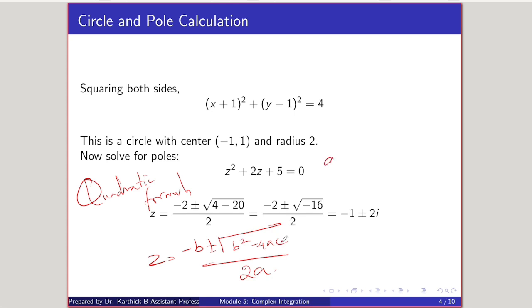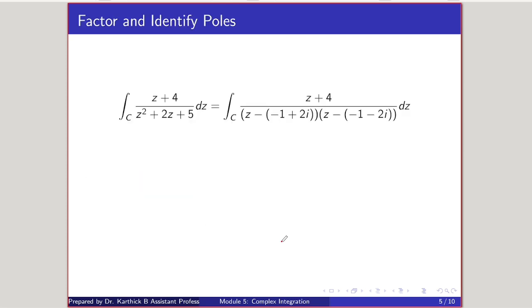Here the value of a will be 1, b will be 2 and c will be 5. While substituting and after the evaluation, b square will be 4 and 4ac becomes 20, so I am getting minus 16. The square root of minus 1 will be imaginary. So I am getting the final value as minus 1 plus or minus 2i.